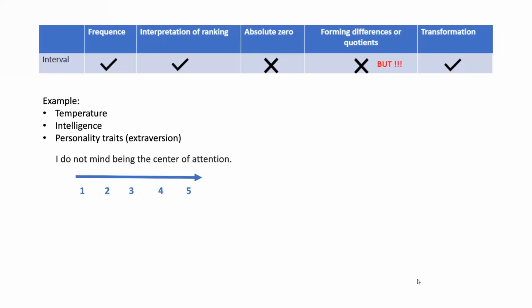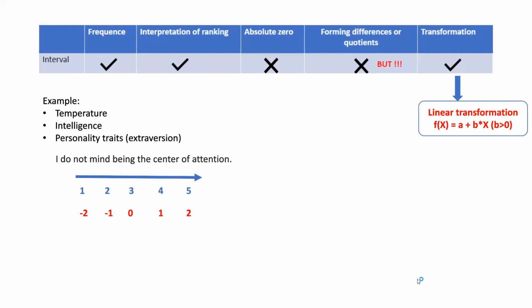We can also transform them into this: -2 represents strongly disagree, and 2 represents strongly agree. The transformation is a linear transformation. This is the formula of the linear transformation. If you are interested, you can calculate the A and B in this case.